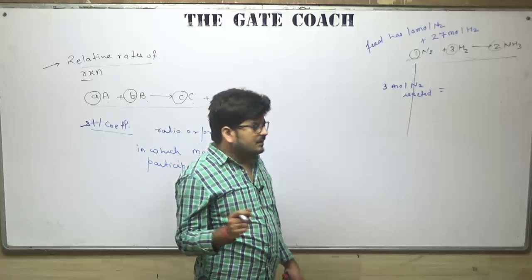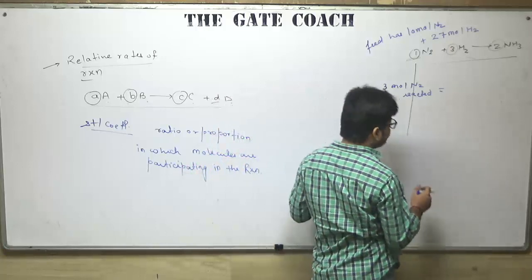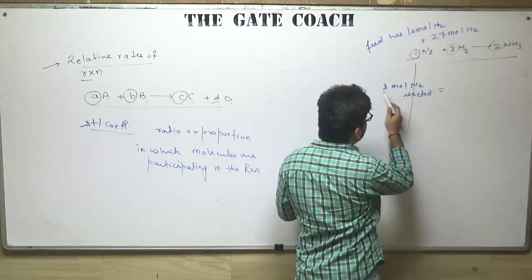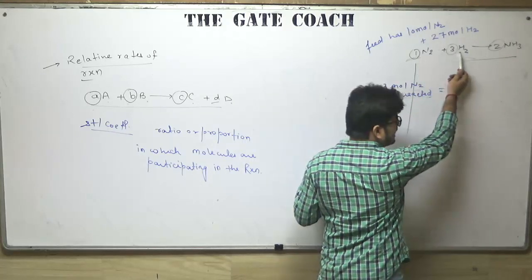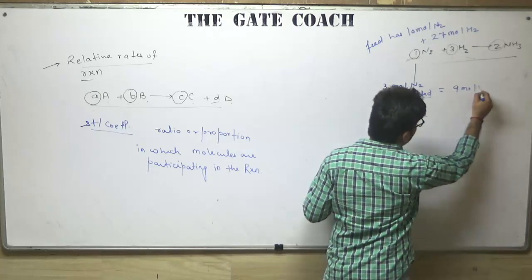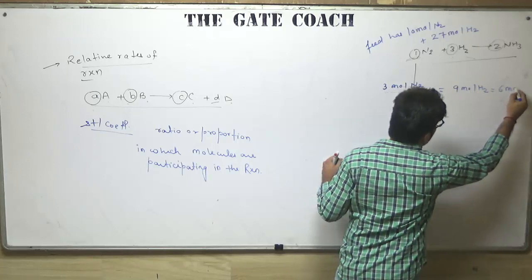What will be the amount? 1 mole nitrogen reacts with 3 moles hydrogen, so 3 moles nitrogen will react with 9 moles of hydrogen to give 6 moles of ammonia.